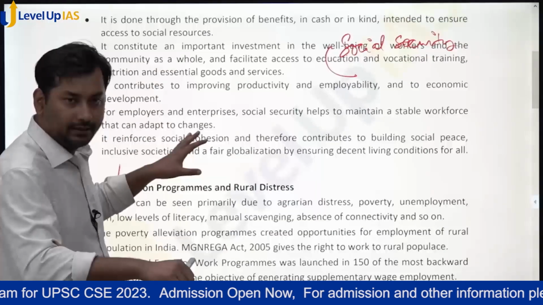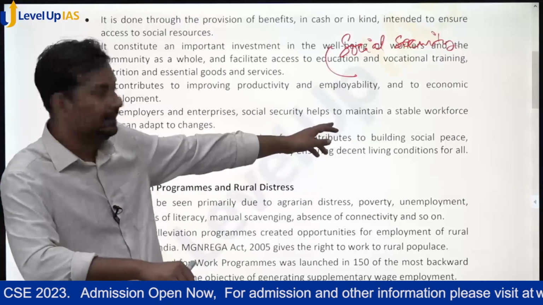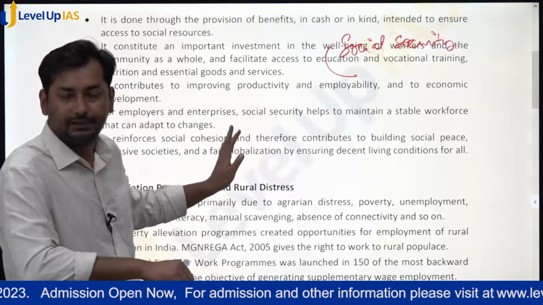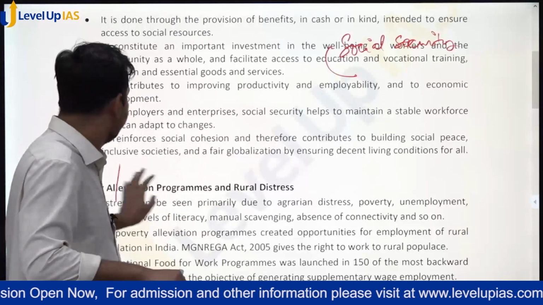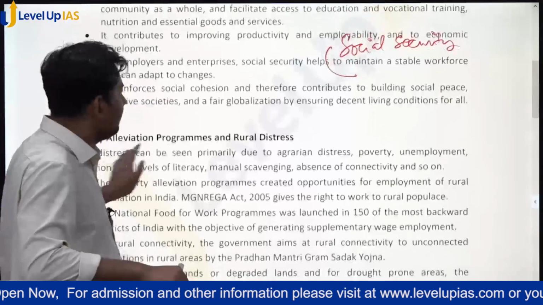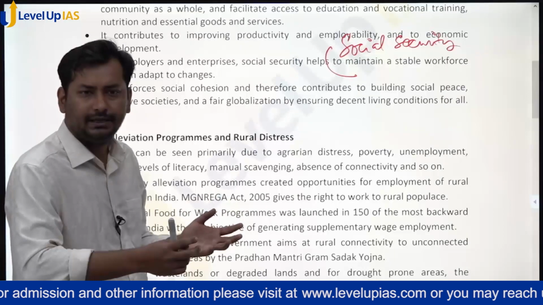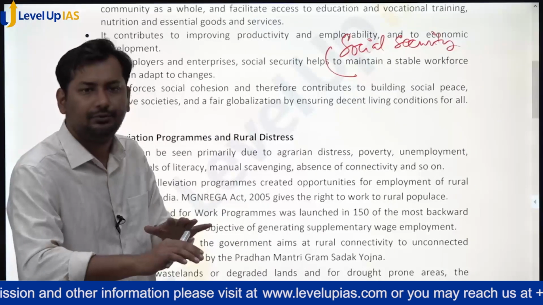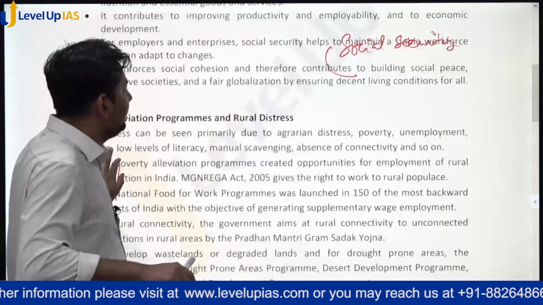For employers and enterprises, it also helps to maintain a stable workforce. This is also one of the ideas behind social security. Building social peace: there will be less conflict because there will be less inequality and less absolute poverty in the society, so society will be inclusive.